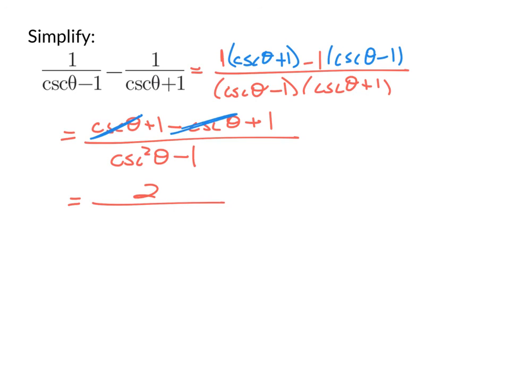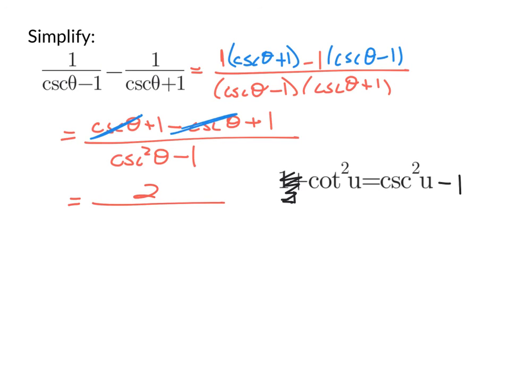And anytime you've got something squared and a 1 in there, you should be thinking about a Pythagorean identity. Now we don't have a Pythagorean identity that says cosecant squared minus 1. Instead we have number 11 on your sheet that says 1 plus cotangent squared is equal to cosecant squared. Well, if we were to just subtract 1 from both sides, then we do have this cosecant squared minus 1.